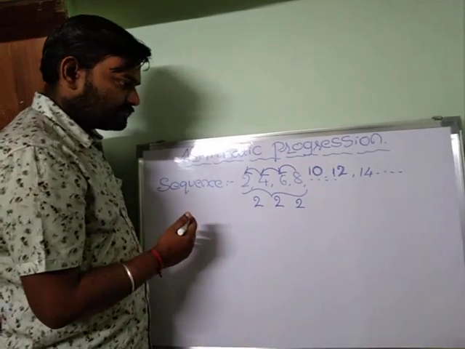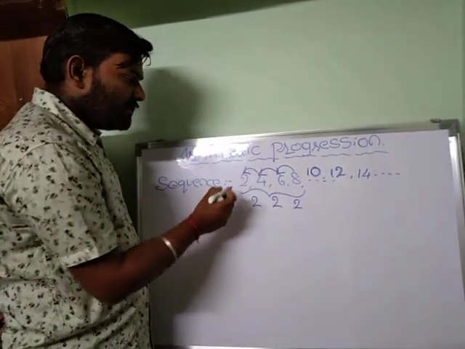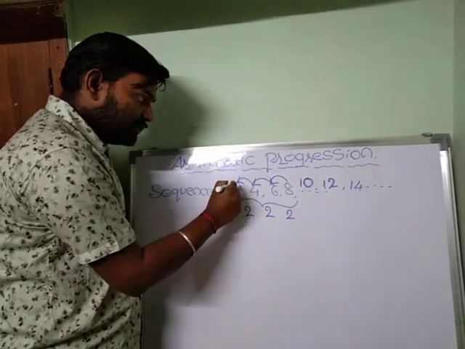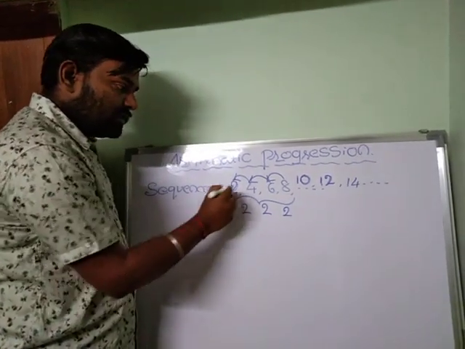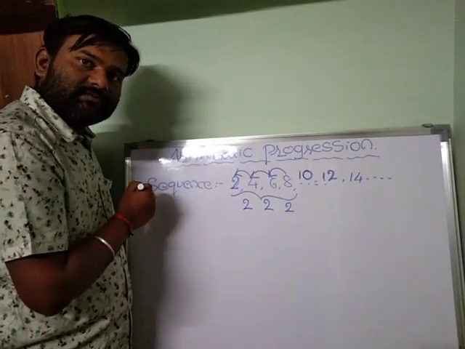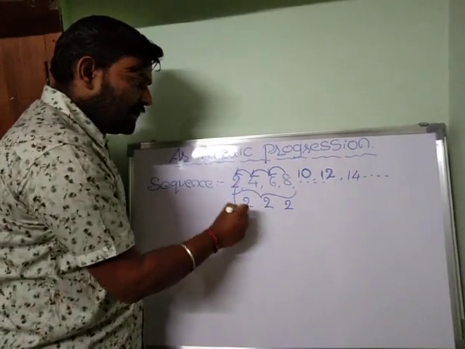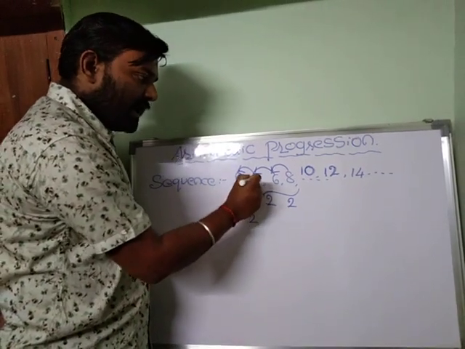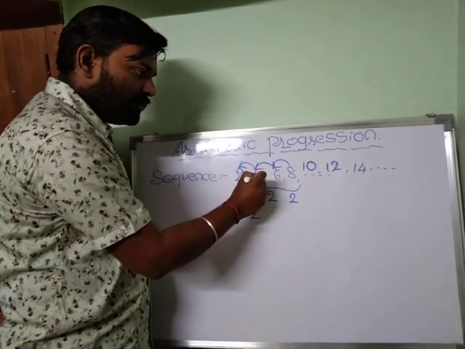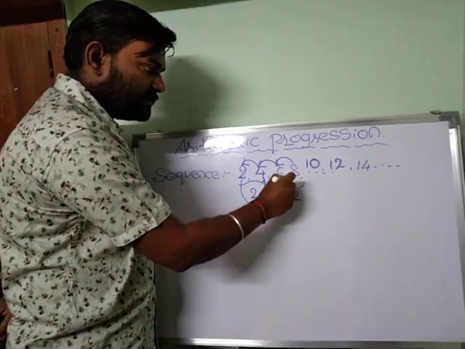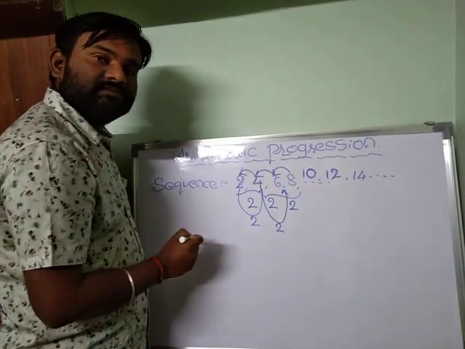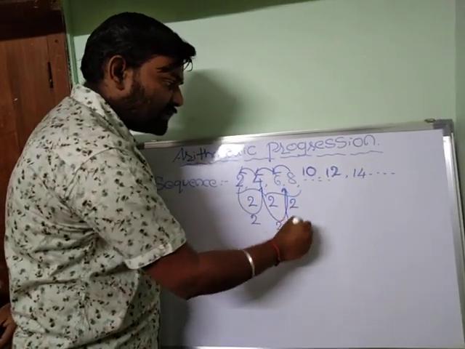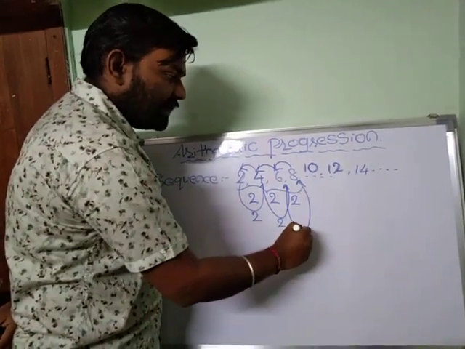Or there is one more way. If you add 2 to the first term, you get the next term, that is 4. If you add 2 to this 4, you get 6. If you add 2 to this number 6, you get the next number, that is 8.